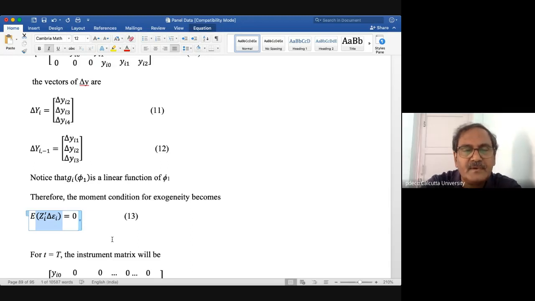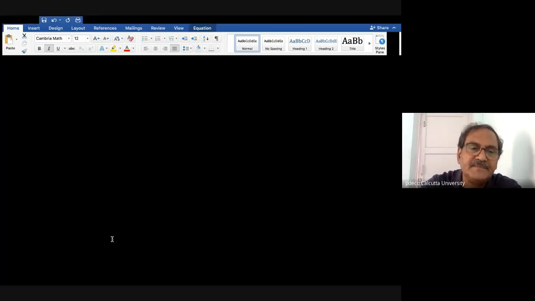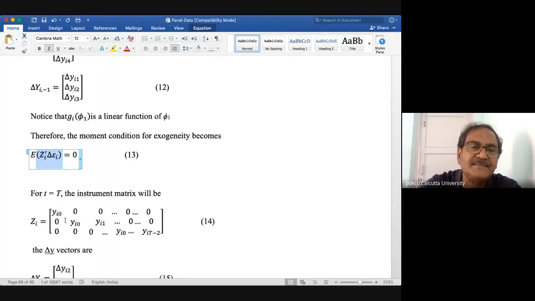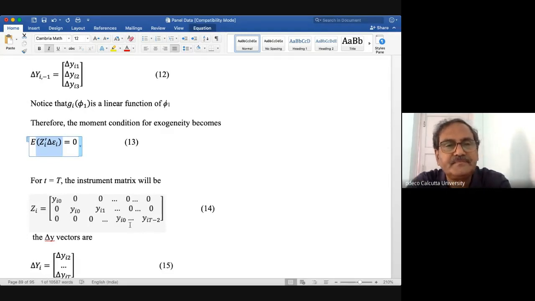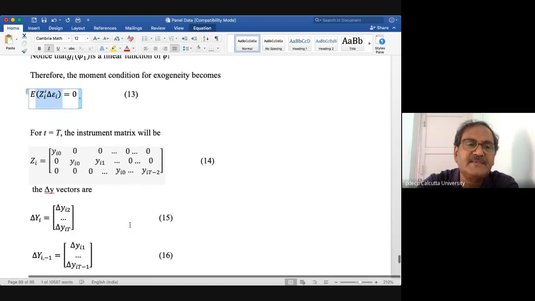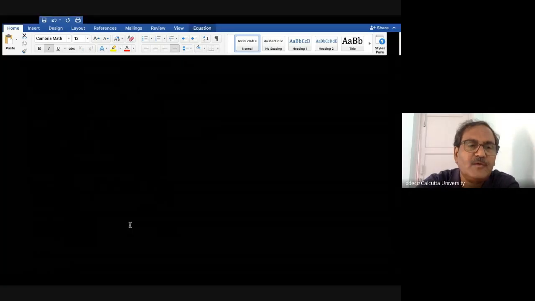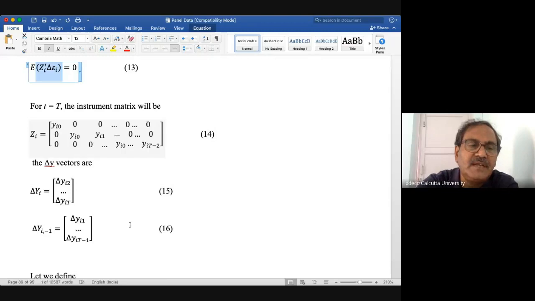For any value of capital T, you can construct the instrument matrix like this, and the corresponding vector delta yi minus 1 in this form.